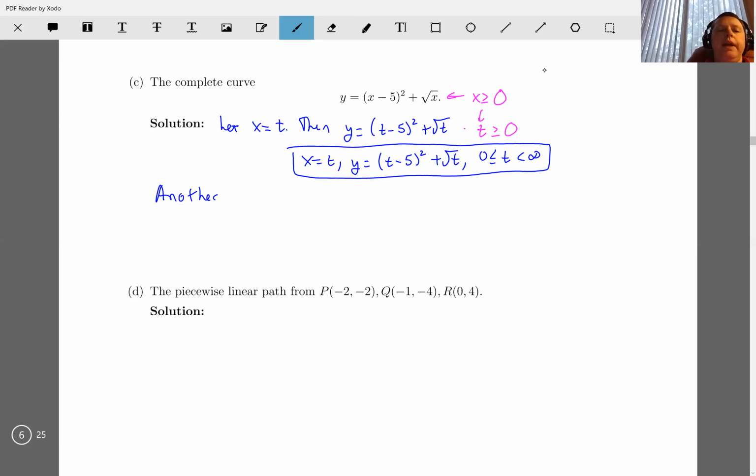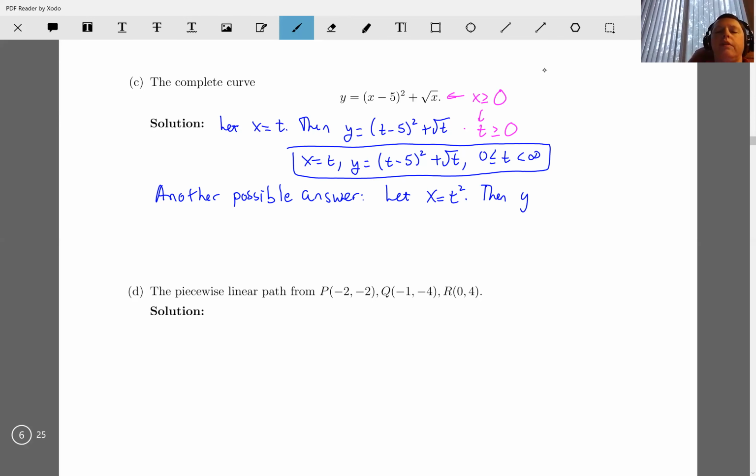Another possible answer would be to say, gosh, I look at that and I don't like that square root. So I could let x equal t squared.